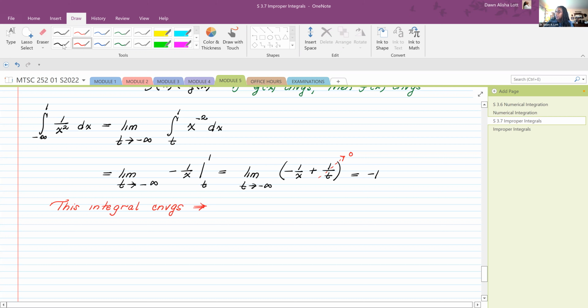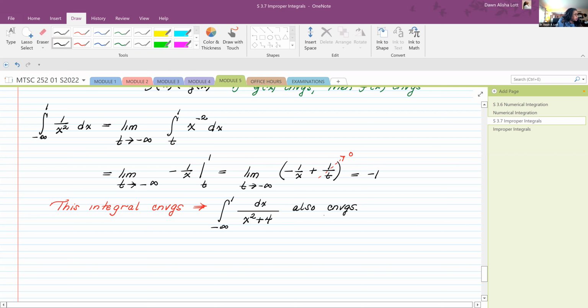So that implies our original integral also converges because it was smaller than something that converged.